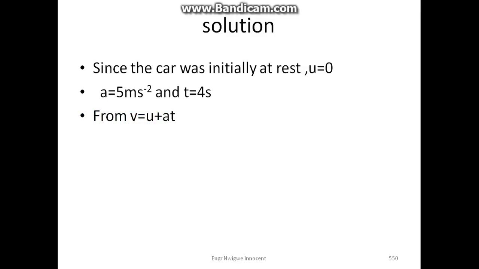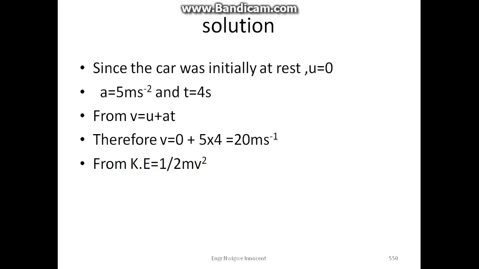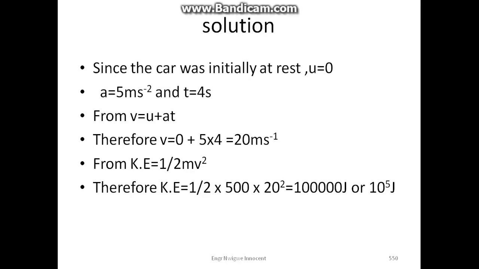From the first equation of motion, v is equal to u plus at. Therefore, v is equal to 0 plus 5 times 4, which is equal to 20 meters per second. From kinetic energy, half mv squared. Therefore, KE is equal to half times 500 times 20 squared, which gives us 100,000 joules, or 10 raised to power 5 joules.